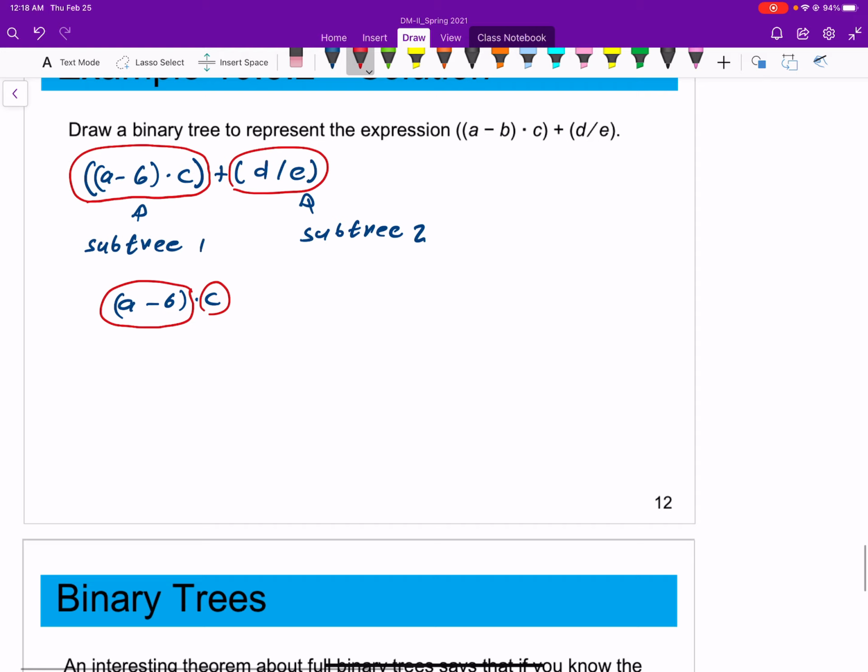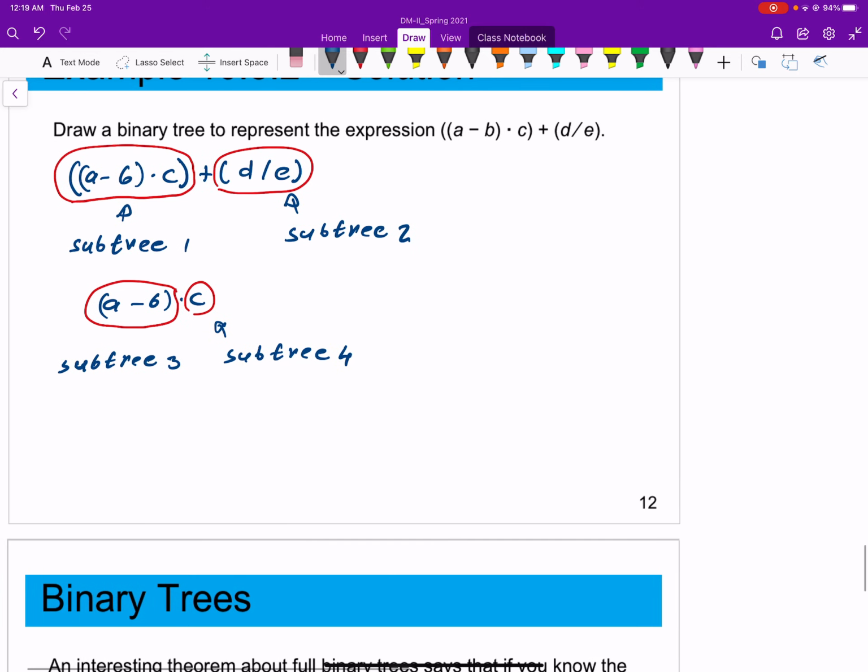And then this is subtree 3, and this is subtree 4. All right, so that way I split this expression into 4 subtrees.